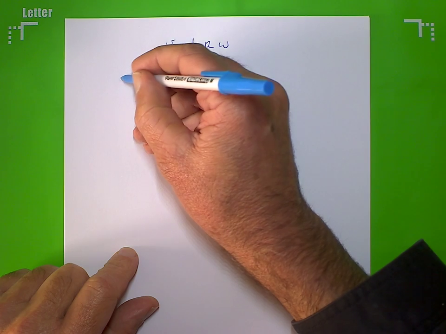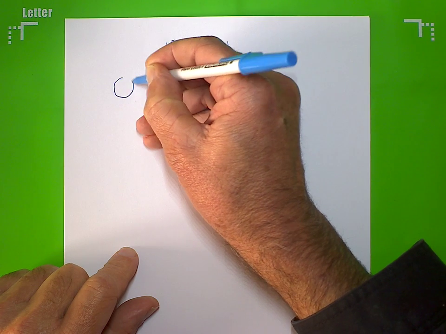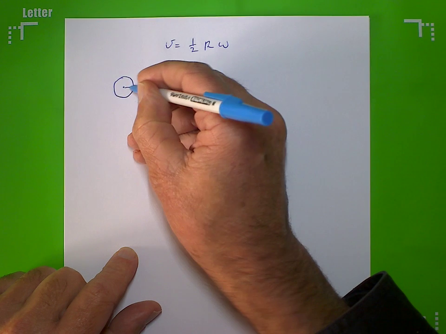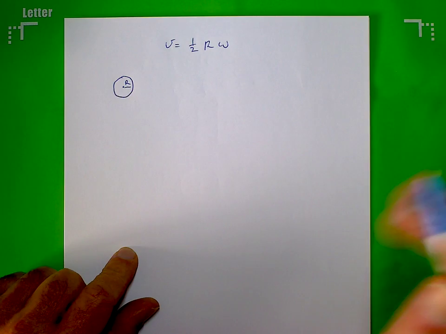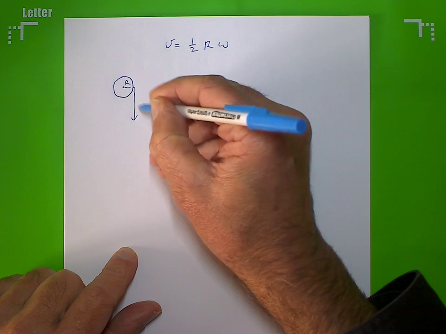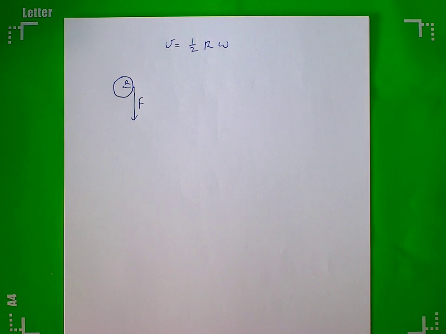We have a disc, center of mass of the disc at the center, the radius of the disc is R, and we have a force F acting on the side of the disc like that. And we need to decide how is this disc going to move.